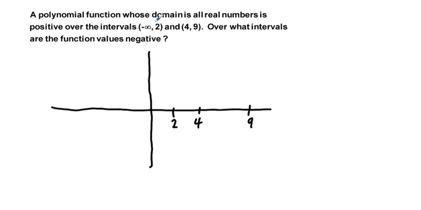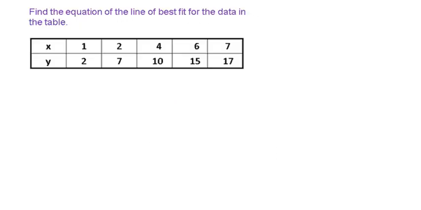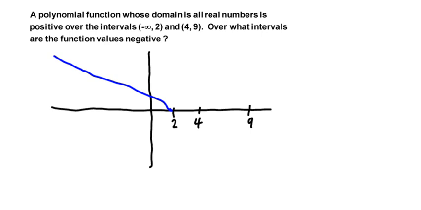It says here the polynomial function's domain is all real numbers. So we are positive from negative infinity to 2. So we're coming down like this somehow. I don't know exactly what it looks like, some kind of polynomial curve.